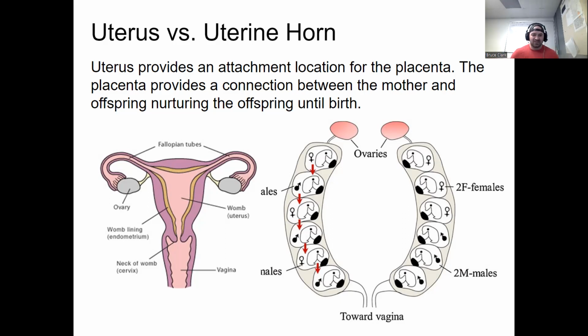Now, there are quite a few mammals that have a uterus, humans being one of them, where that structure is adapted to hold one offspring at a time. Yes, there are twins for humans, and sometimes triplets, but those are actually anomalies.